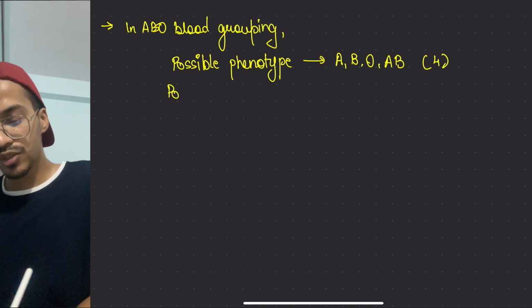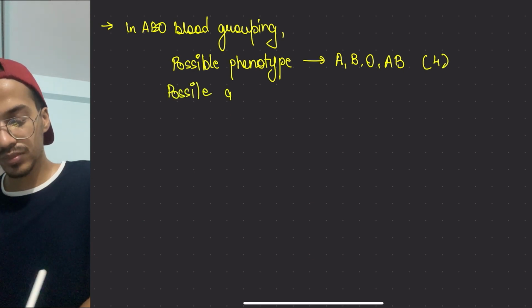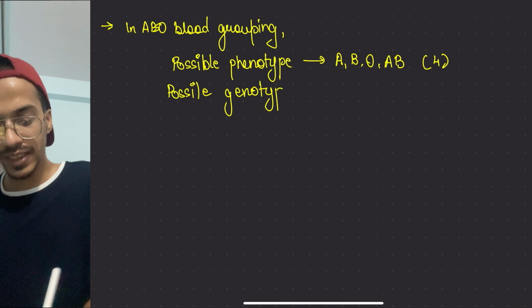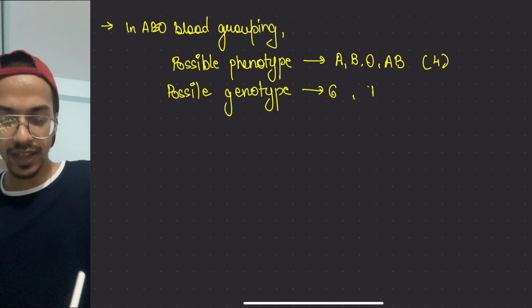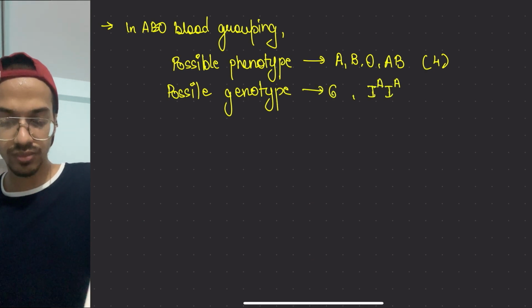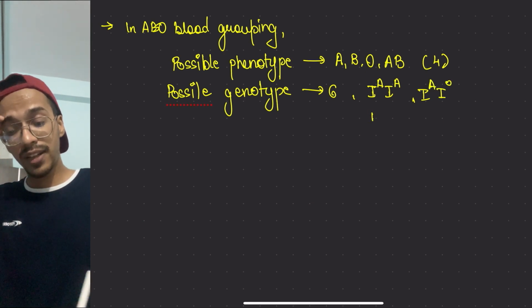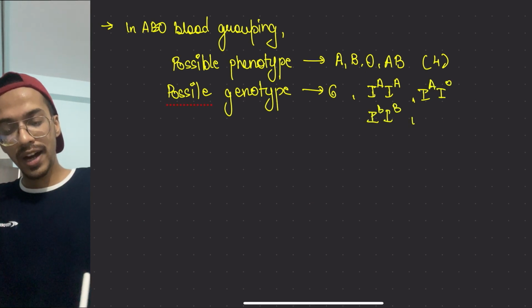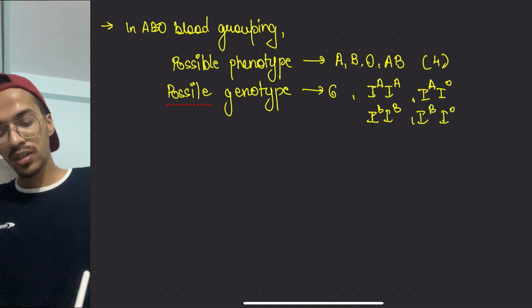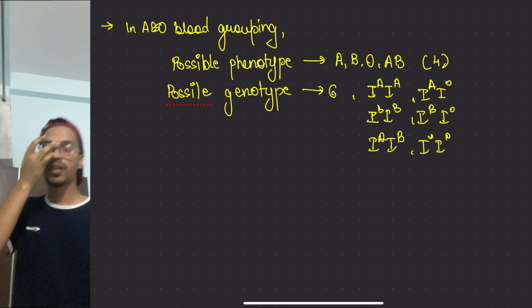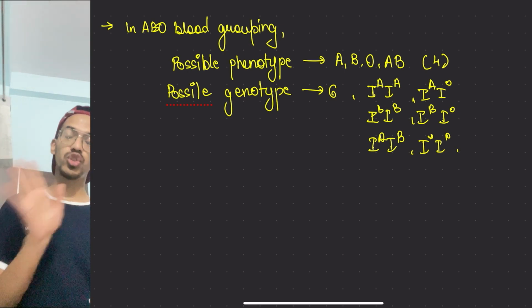Possible genotypes are what? 6. That is IA IA, homozygous condition, IA i, heterozygous condition, again IB IB homozygous condition, IB i heterozygous condition, then this and then this. So this is what you have to remember.